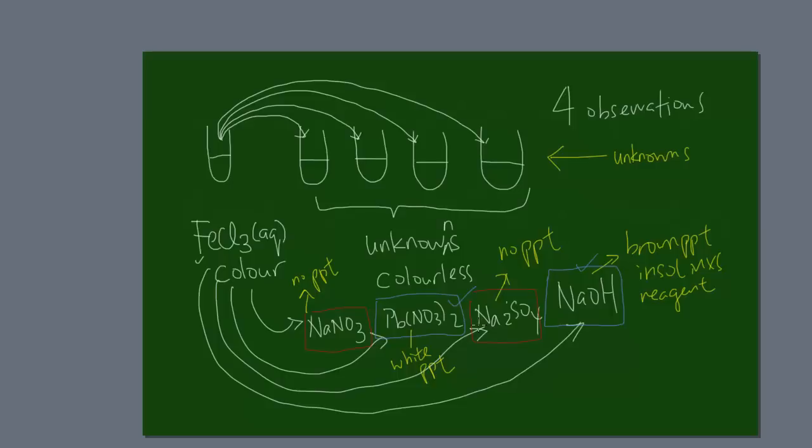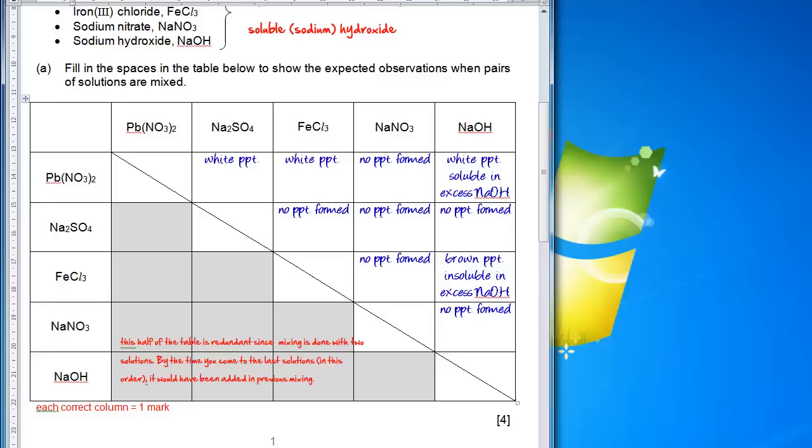So now we've got to make use of the other solutions that we have positively identified to identify the sodium nitrate and also the sodium sulfate. Now let us go back to the table. Looking at this section over here, the NaNO3, it doesn't give a PPT with anything.